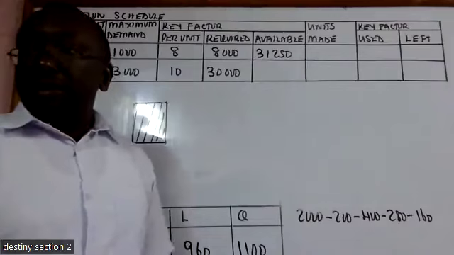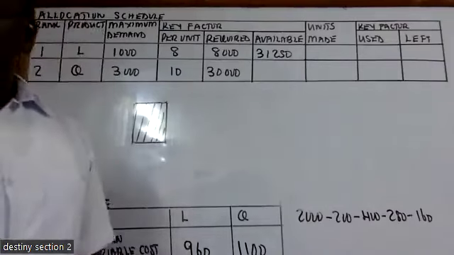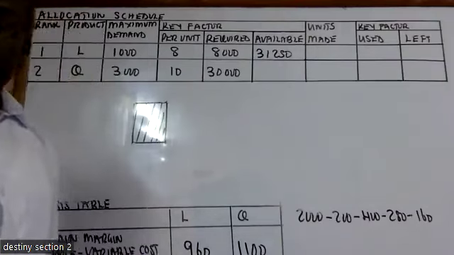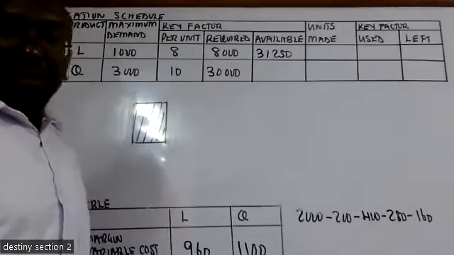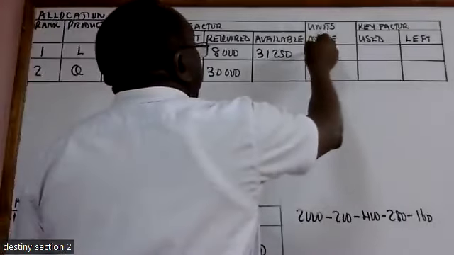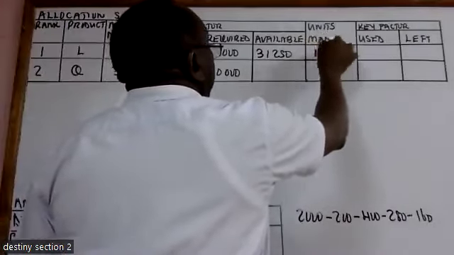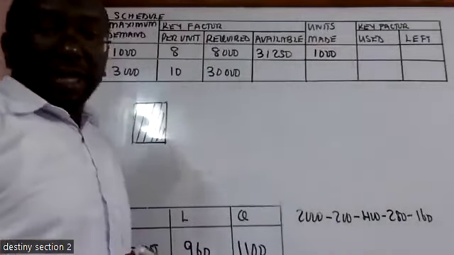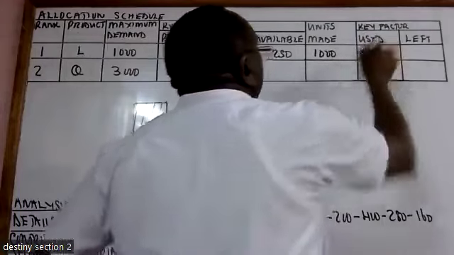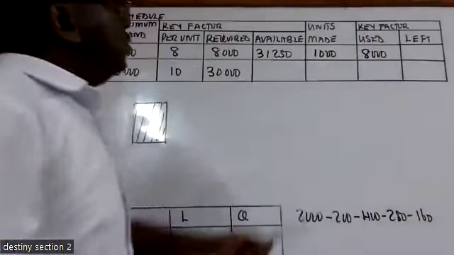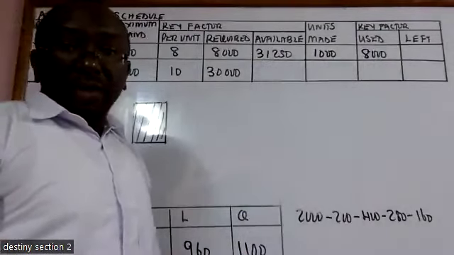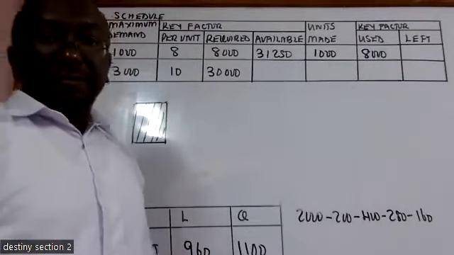So can we afford? Yes or no? Yes. So if you can afford, you make all the units that are required, the 1,000. And after doing that, you will have used 8,000. So tell me, when we use 8,000 from that 250, we are left with how many thousands?